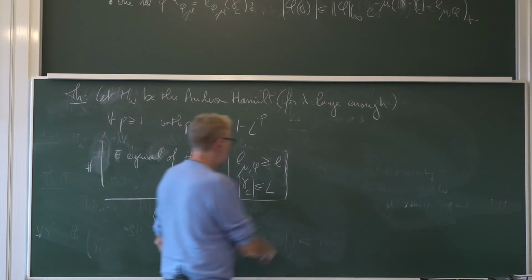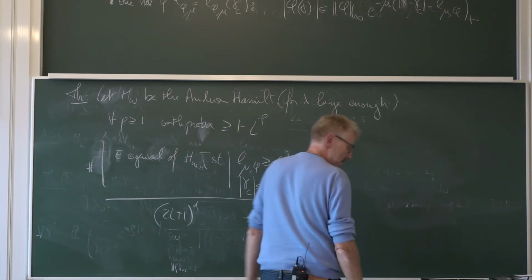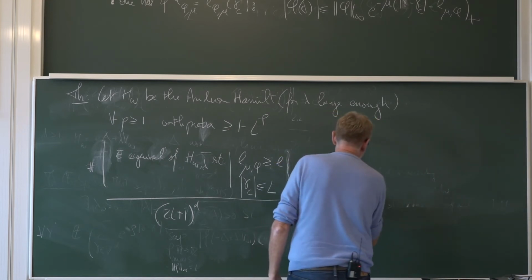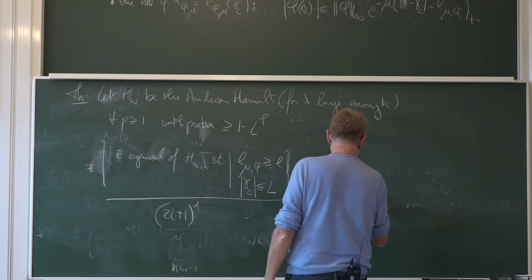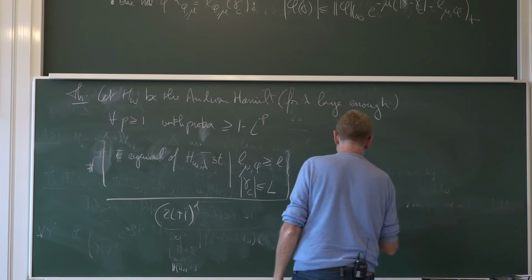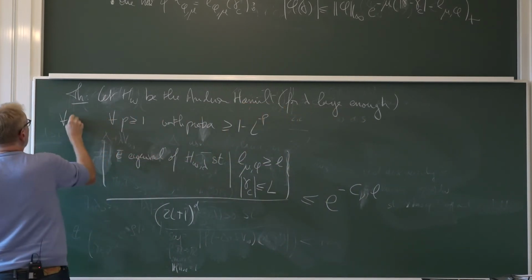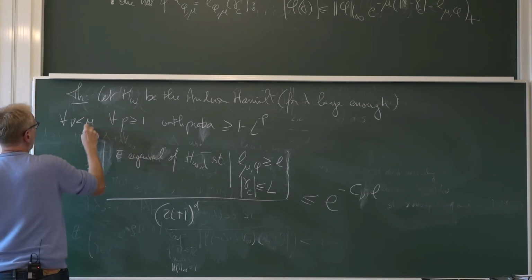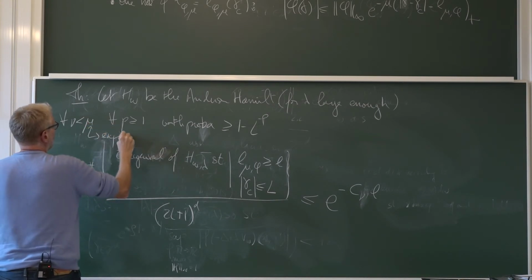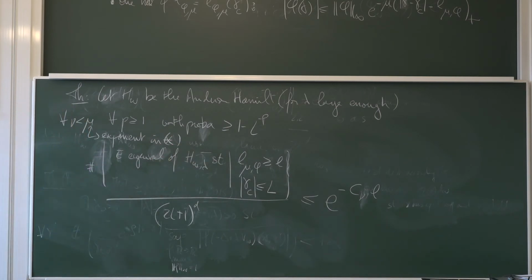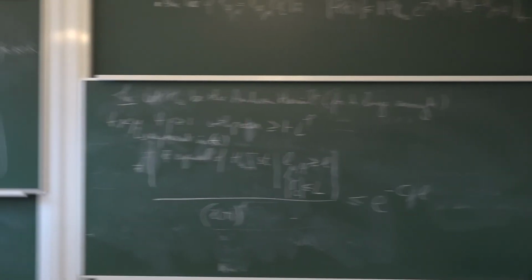Then this quotient is bounded by e to the minus some constant c that depends on nu times L. What is nu? This is for any nu less than mu, and that's the exponent in star, where star is just this initial estimate.